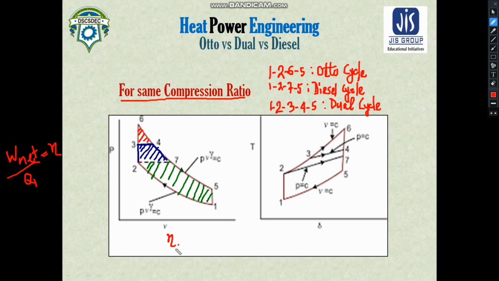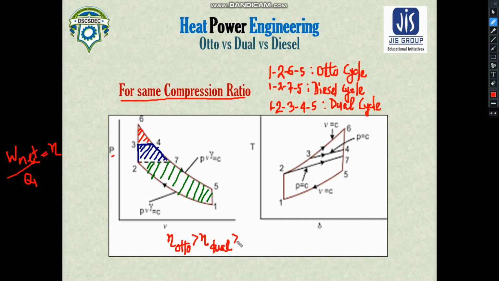So eta auto will be greater than eta dual. Just from the perspective of area, it gives you the maximum work output. Under the PV diagram, the area represents the net work done. More the area, more the work done. So obviously auto cycle has the maximum work done.